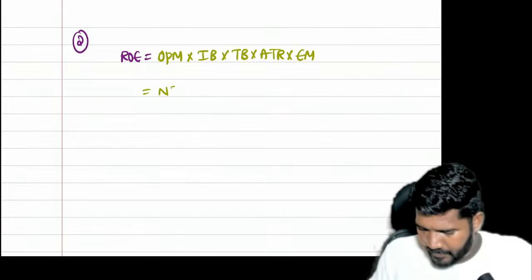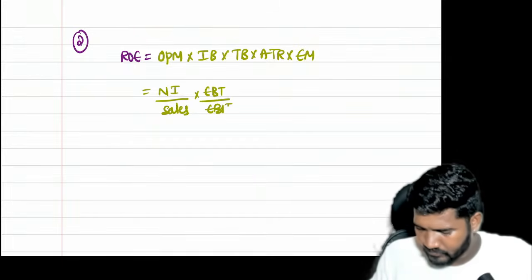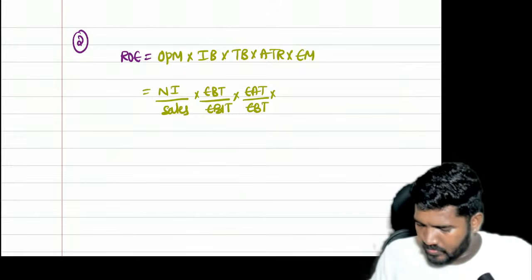Net income divided by sales, EBT divided by EBIT, EAT divided by EBT, sales divided by total assets, divided by equity.